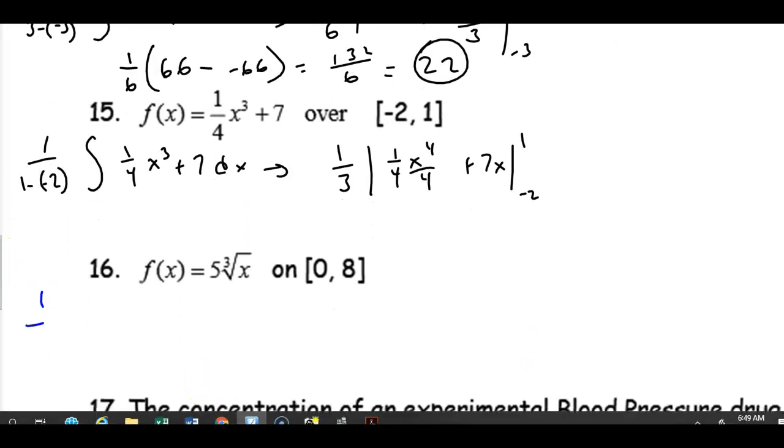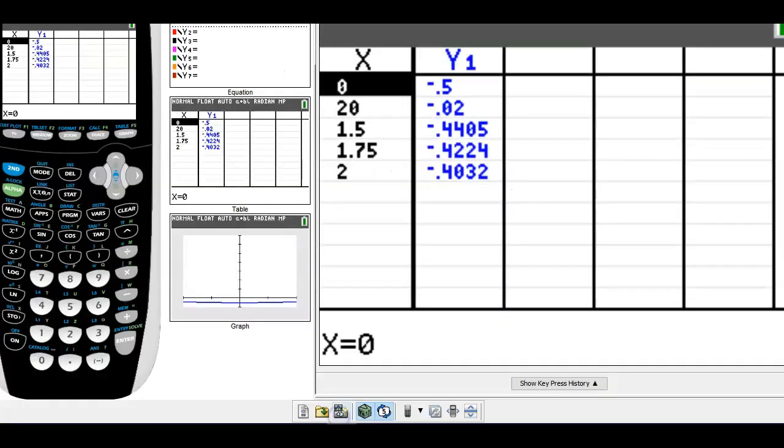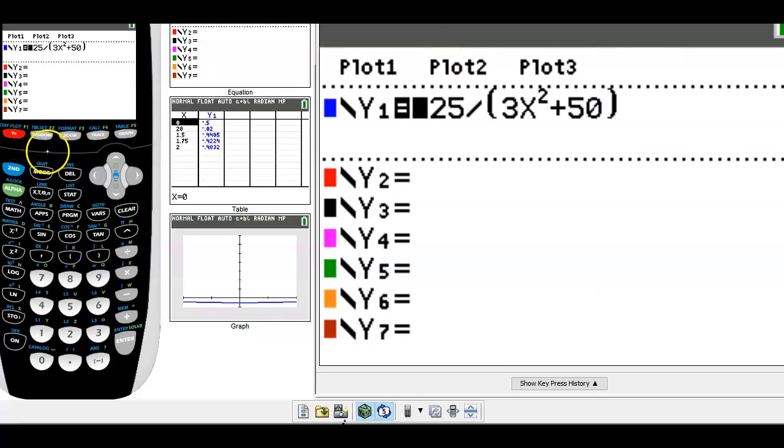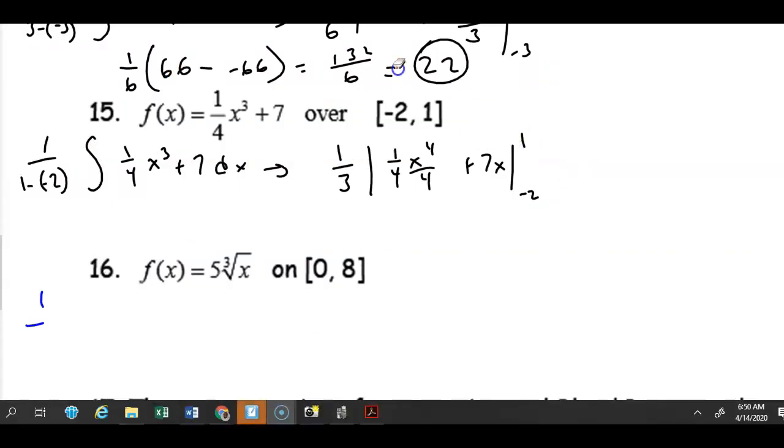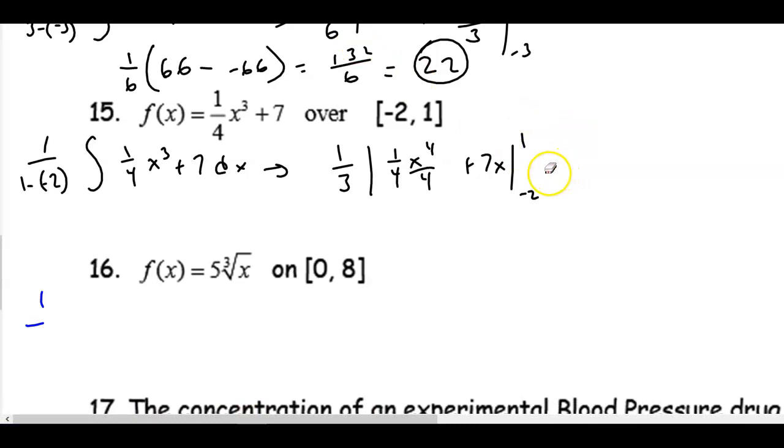And so, again, you can let your calculator just do this work for you. Let me simplify this real quick. I'm going to say 1/3, and then I have 1/16 x to the 4th plus 7x.